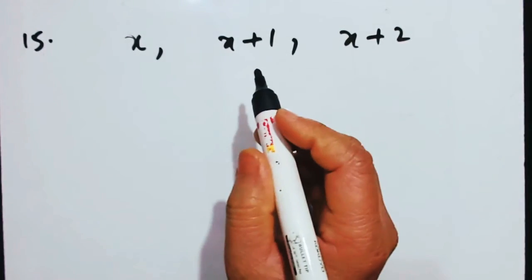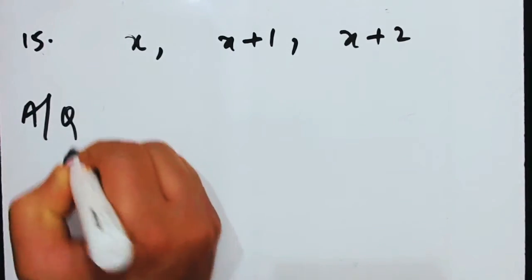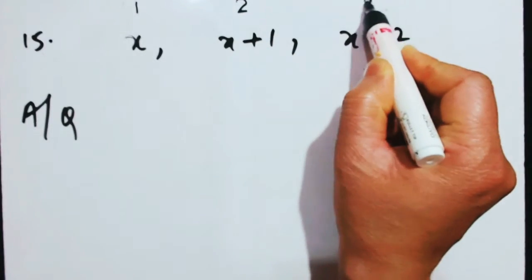Three consecutive natural numbers such that the sum of the first and the second is 15 more than the third. According to the question, this is my first number, this is my second number, this is my third number.